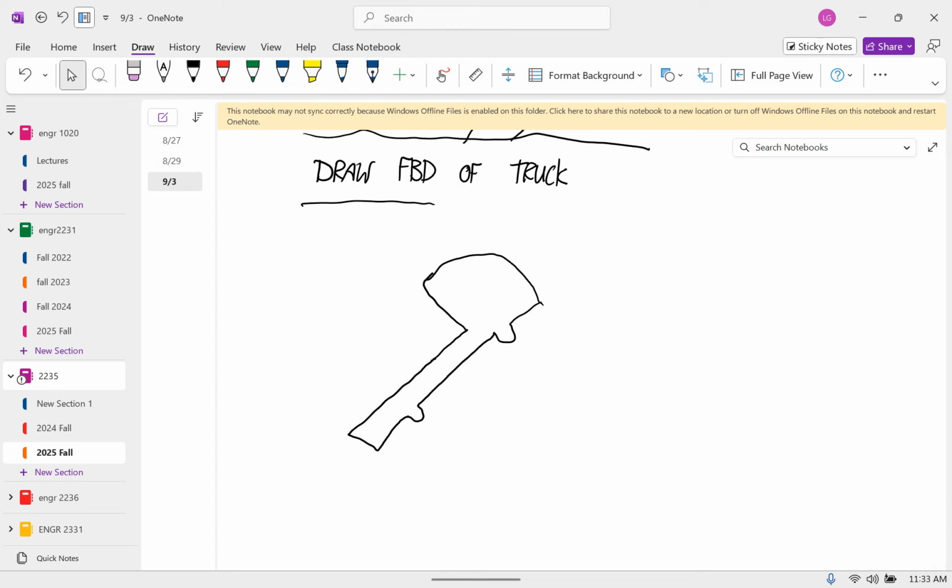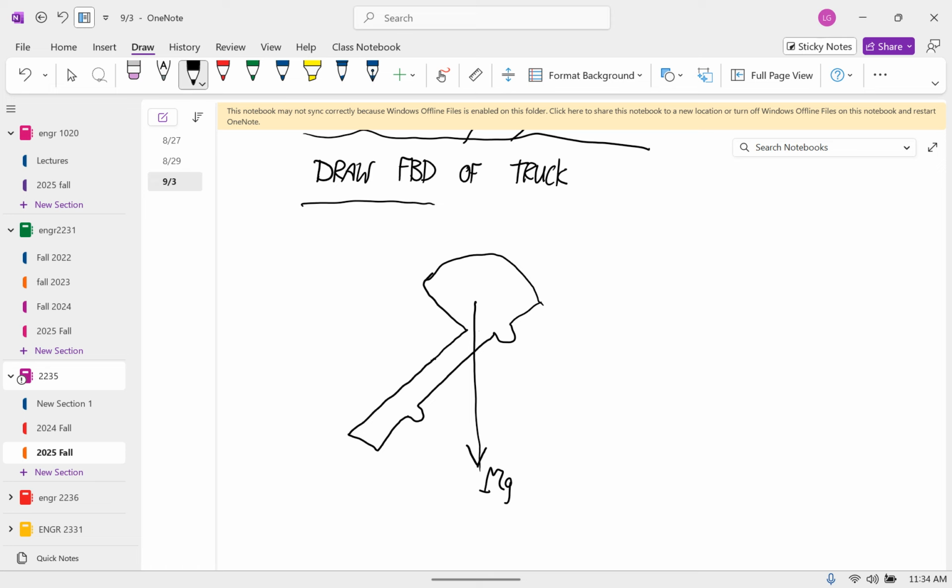We'll assume there's no magnetic fields or electric fields doing anything important. So the weight acts at the center of mass of the truck. We'll talk later about calculating centers of mass, but let's say it's somewhere there. And so this is the mass of the truck times 9.81 acting down.